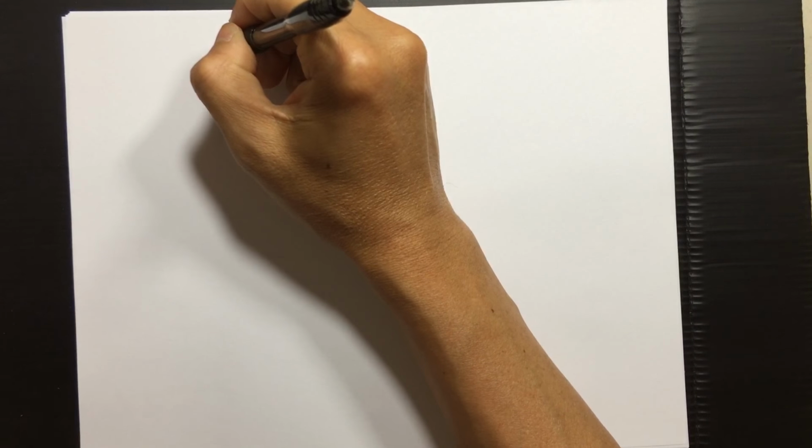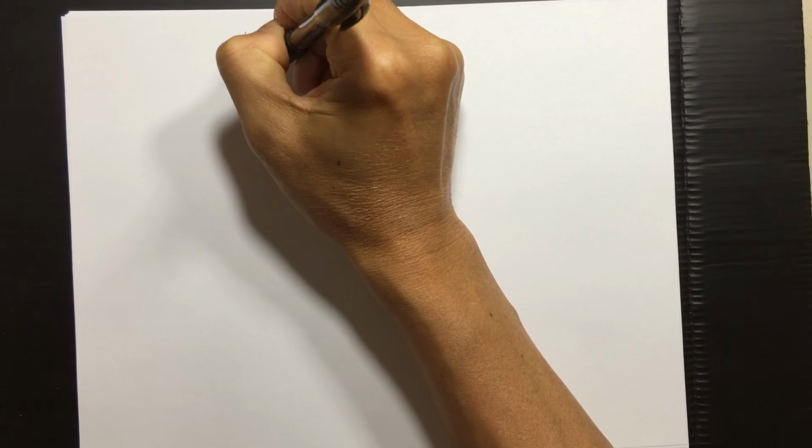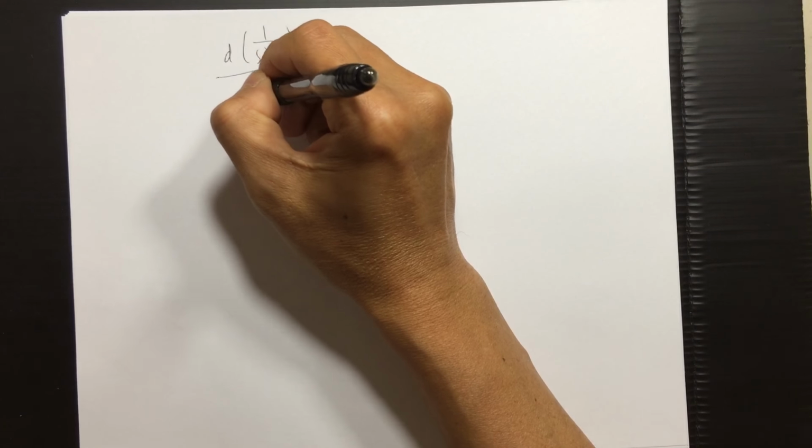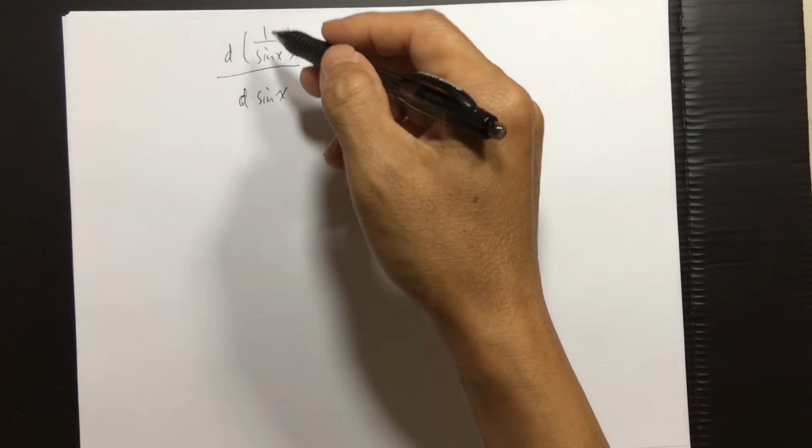There's this rule on differentiating a quotient. Okay. d of 1 over sine x, right? You do dx, right? You don't know how to do that, but you know how to do d sine x. Right? Yeah.